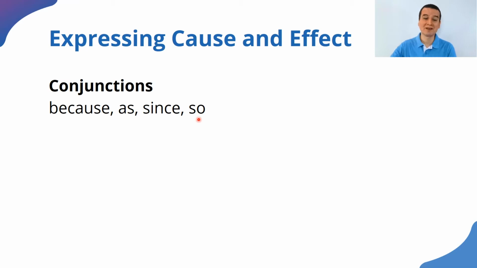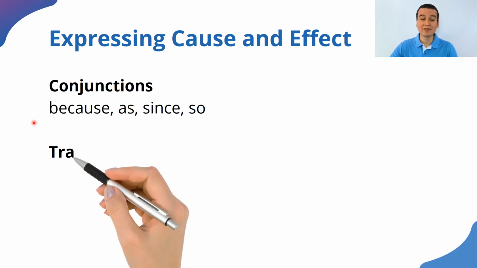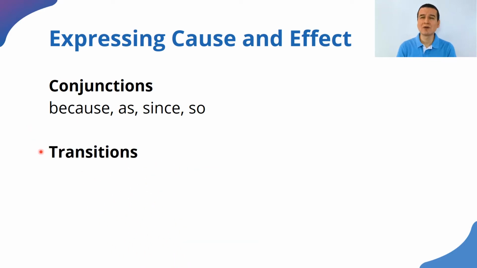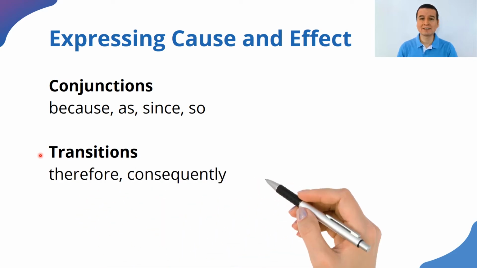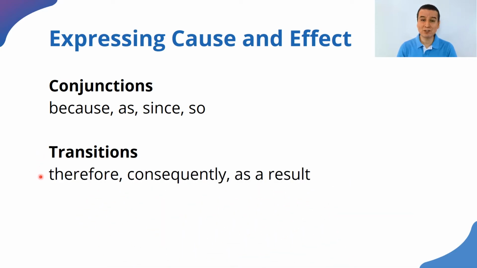You see? So let's think about these other words. These transitions, we call them connectors. These are also some phrases that may not be particularly conjunctions, but these phrases can help us express cause and effect. How about this one? Therefore. Therefore is one word that not necessarily is included as part of the same sentence in which the two clauses appear.